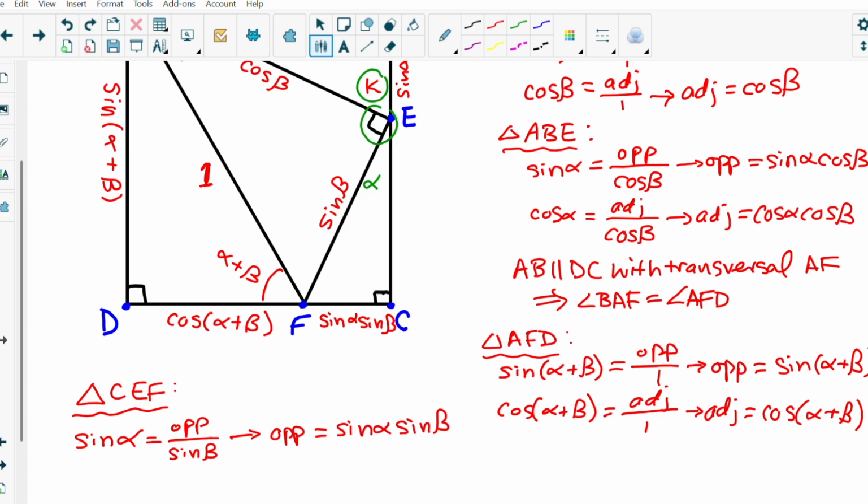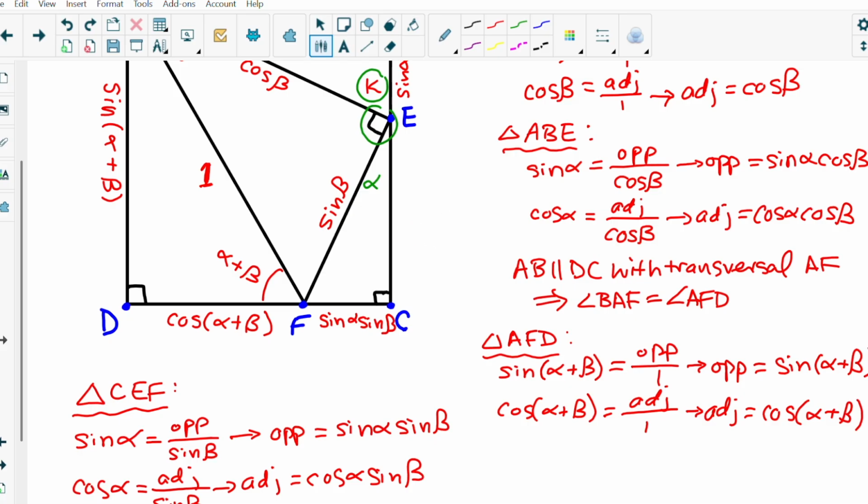Okay, let's do the adjacent side here. I'm doing the cosine of alpha, and that equals adjacent divided by the hypotenuse, which is sine of beta. So my adjacent side is equal to cosine of alpha, sine of beta.